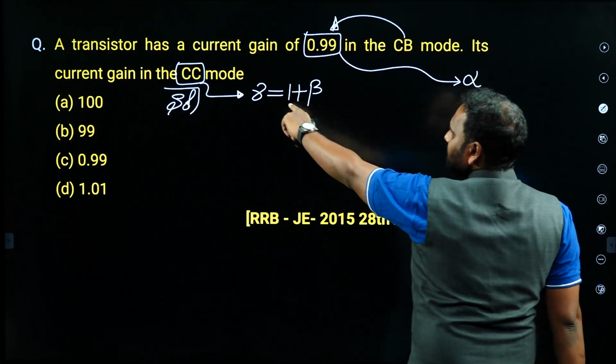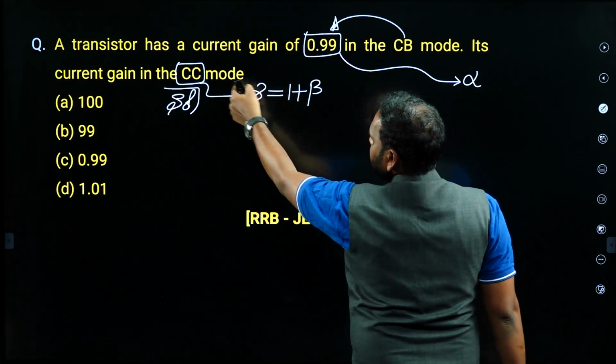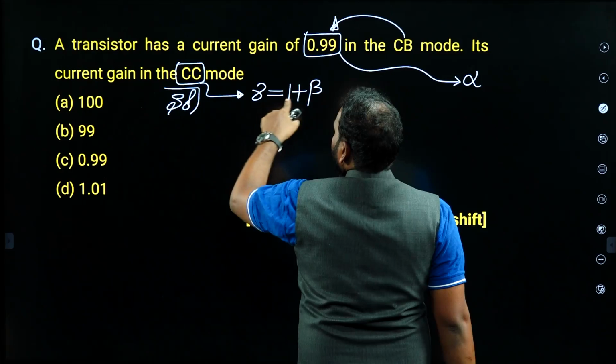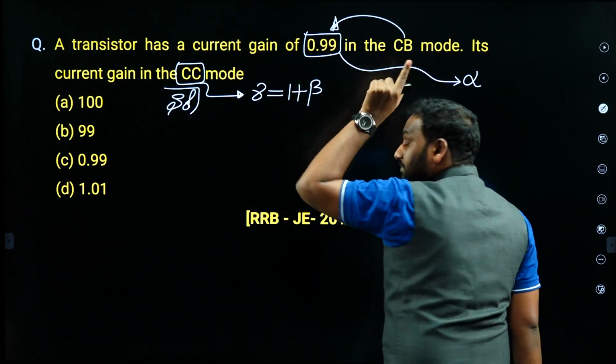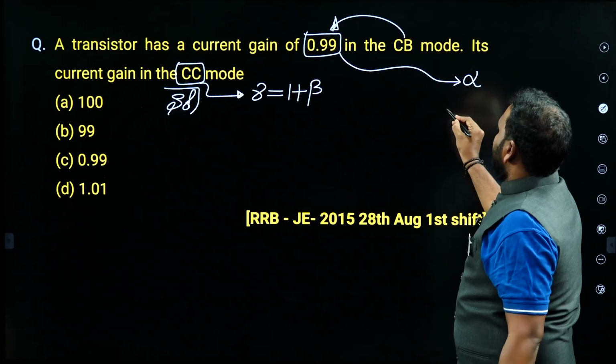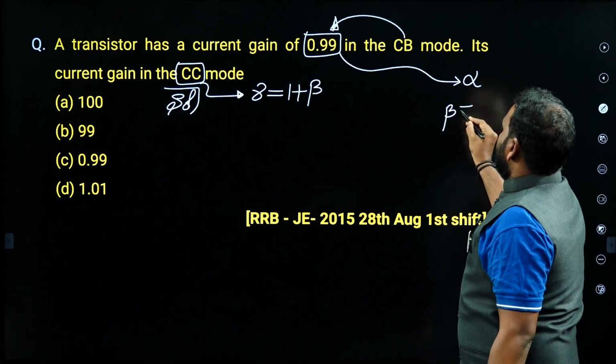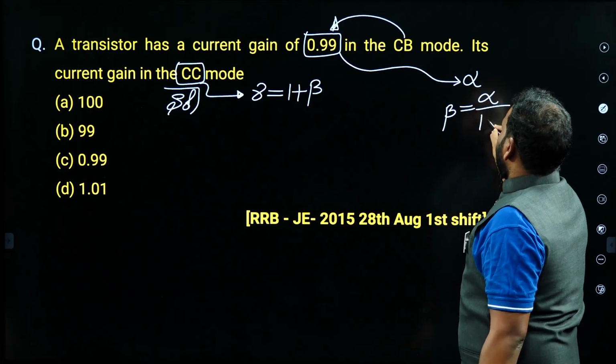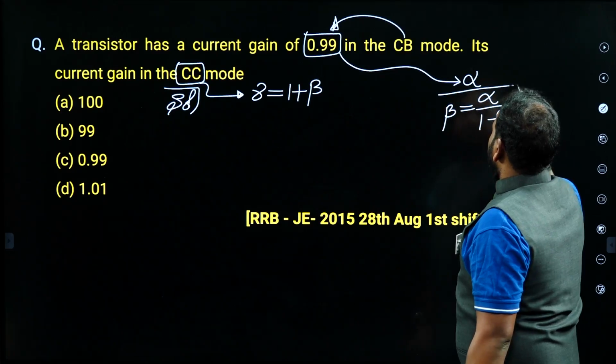But we have a formula for gamma: the current gain in common collector is 1 plus beta. Beta is the amplification factor in common emitter, but don't worry, we have a relation. Beta is equal to alpha by 1 minus alpha. This relation will help you.